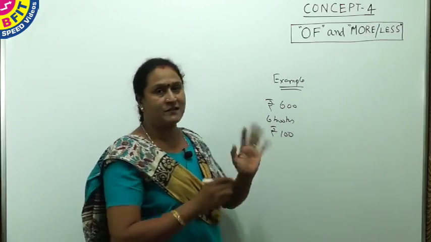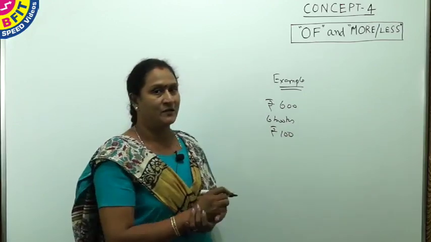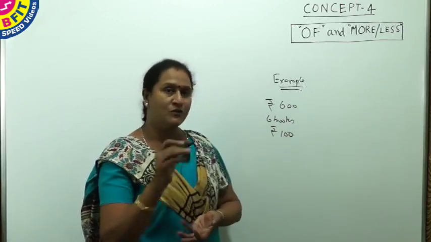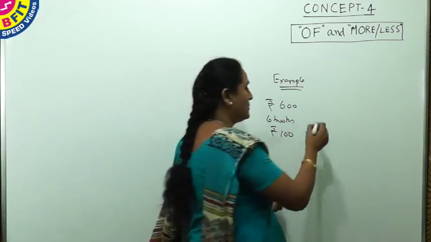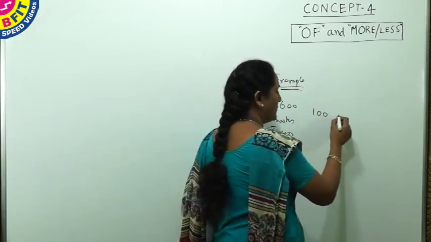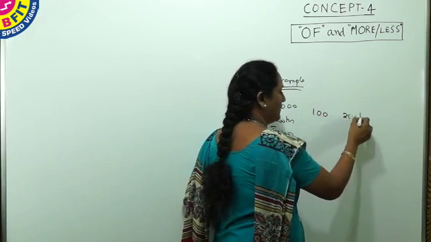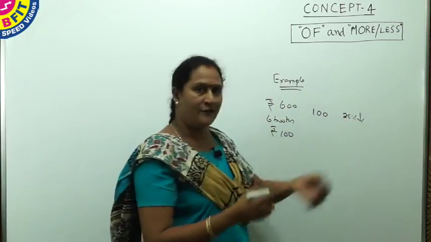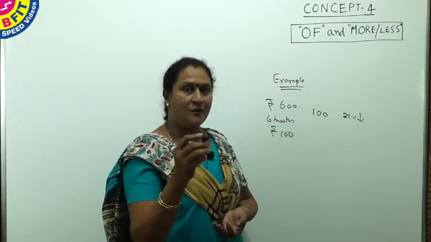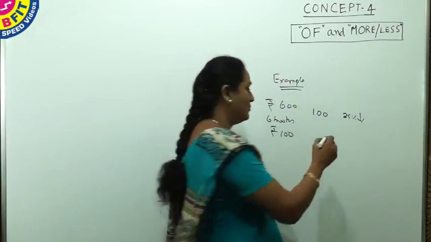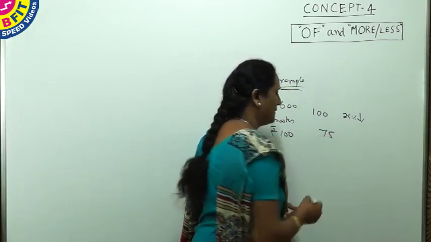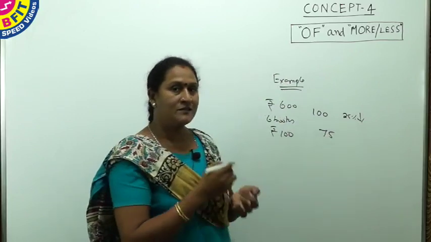So he takes 600 rupees to buy 6 books. Suppose the price is reduced by 25%. So for 100, 25% is 25 and the price of the book becomes 75. So one book costs 75.